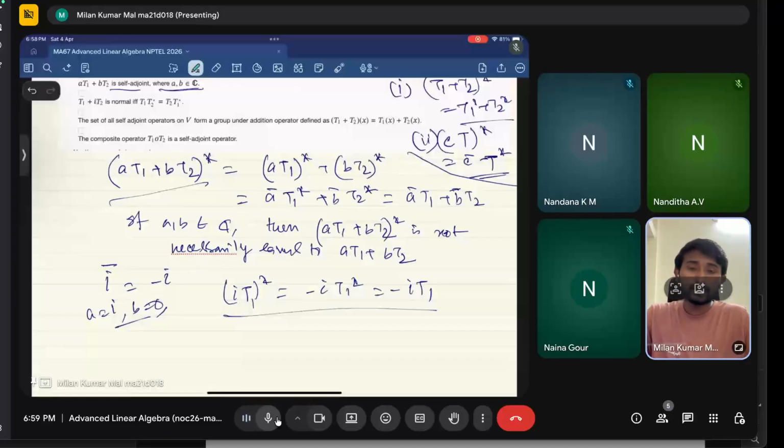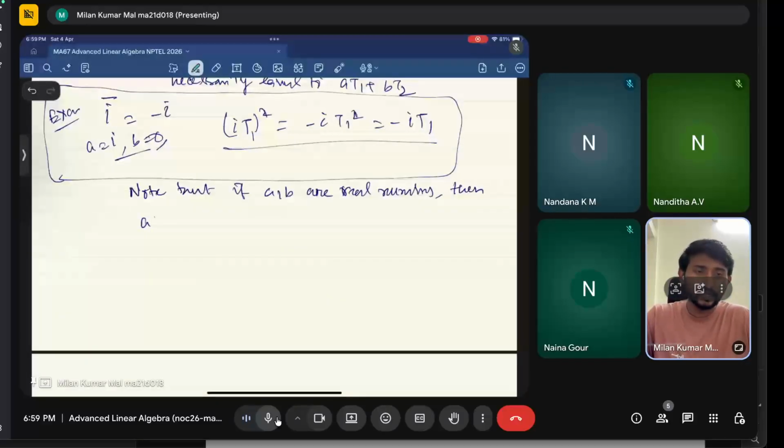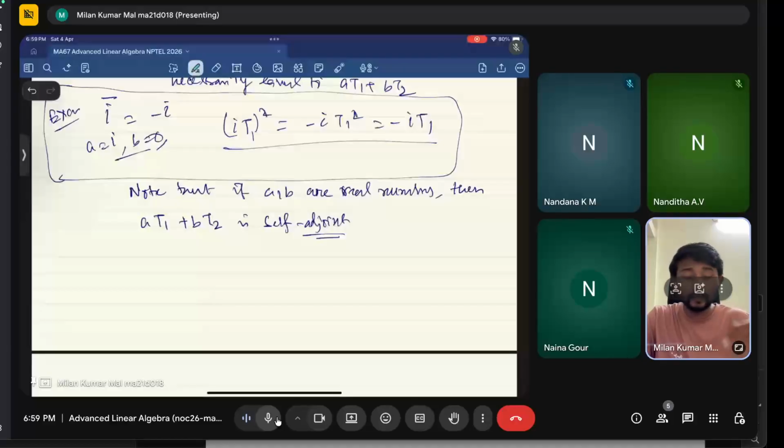This is a sufficient condition, not a necessary one. So we have to take a, b real numbers, not positive, real numbers. Then you know that a bar is a again and b bar is b again, so that will be self-adjoint. So that option is not correct, first of all, because here it is said that a, b come from the complex numbers.